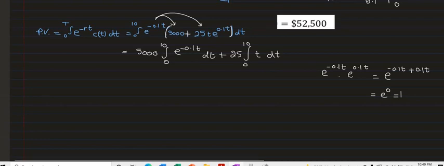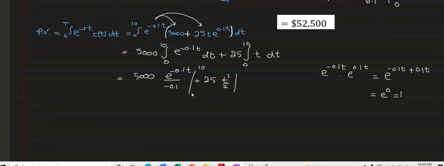And of course this integral is a direct one where we have the 5,000 and the integration of the exponential which is negative 0.1 t divided by the coefficient, and then plus the 25 and the integral of the t, and we substitute in both the t by 10 then by 0, and then we have the final solution.